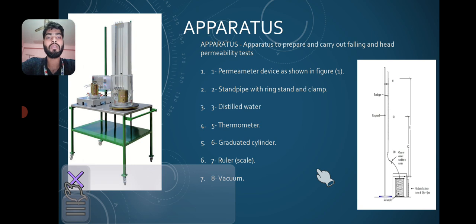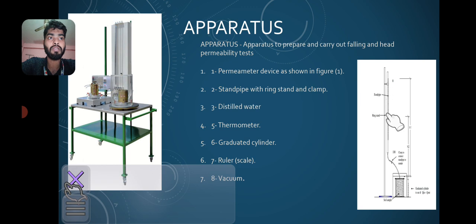Okay, now next comes the apparatus. These are the apparatus to prepare and carry out falling head permeability tests. Number one is the permeameter device, as shown in the figure. The second one is a standpipe with ring stand and clamp.